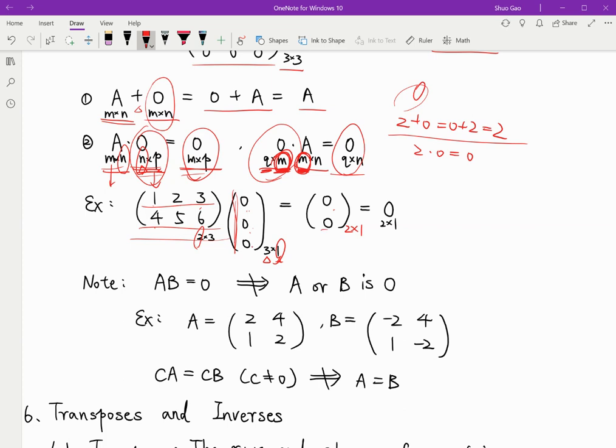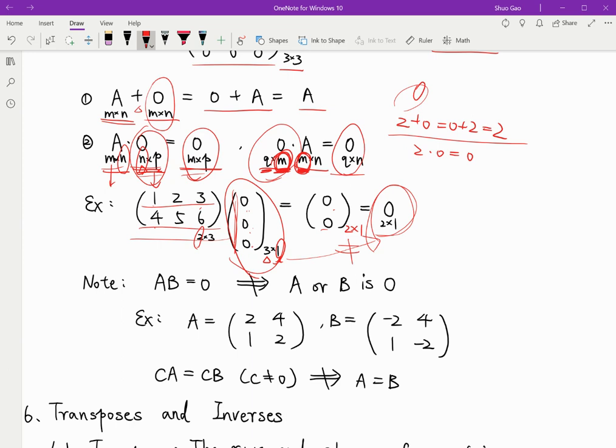So the result again is 0. So the result is a 2x1 null matrix. But here we use a 3x1 matrix to do the multiplication, and the result is a 2x1 null matrix. So they are different. Although both of them are called null matrices, they are different.